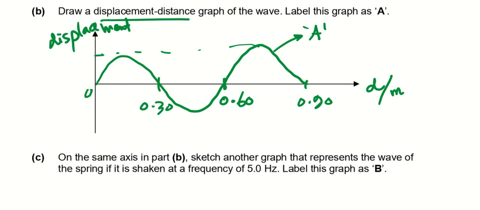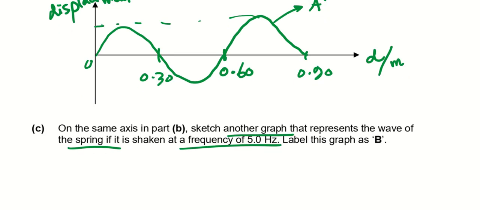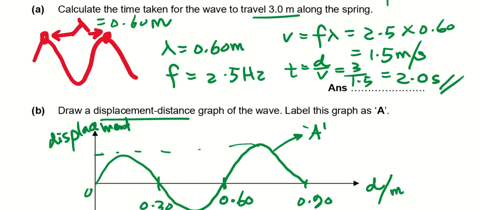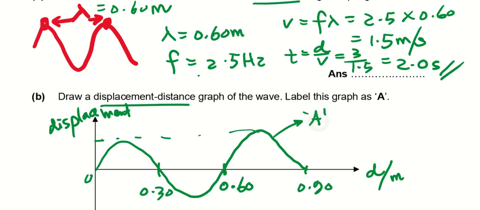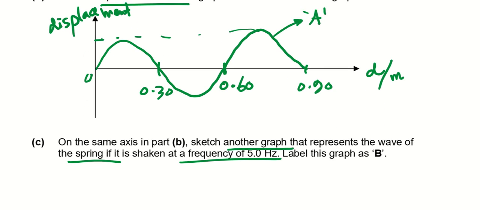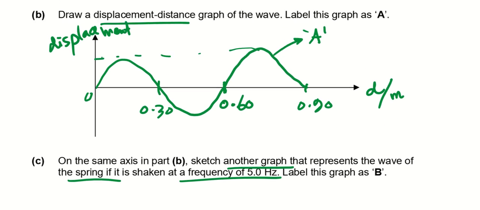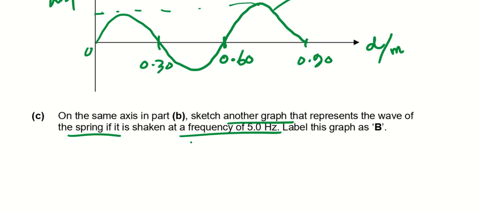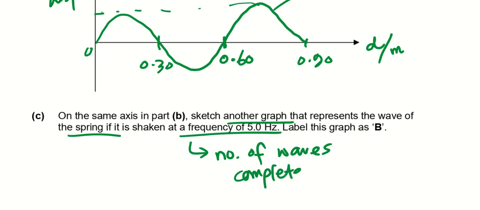Now on the same axis in part B, sketch another graph that represents the wave of the spring if it is shaken at a frequency of 5 Hz. Just now the previous one, the frequency was 2.5 Hz. That means every time a complete wave is done for A, I should have 2 waves completed for B. Because what is frequency? Number of waves completed per second.